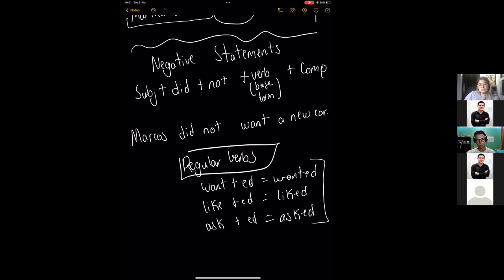For example, we're not gonna say Marcos wanted, but Marcos did not want, without the ed. Why? Because in English we need to mark tense. Tense is el tiempo verbal. We need to mark tense only once, not 2 times. And did is already doing that.